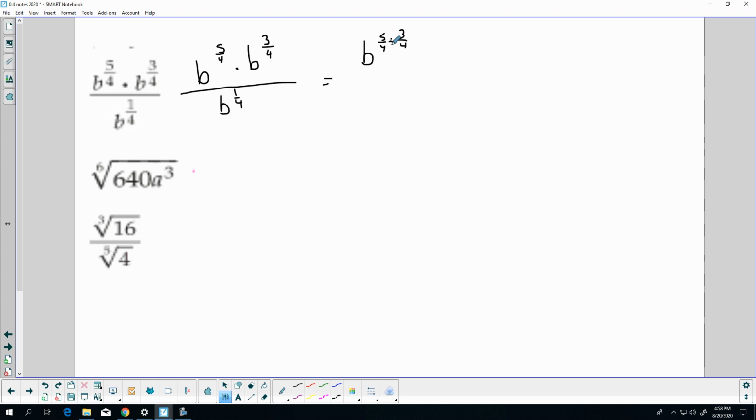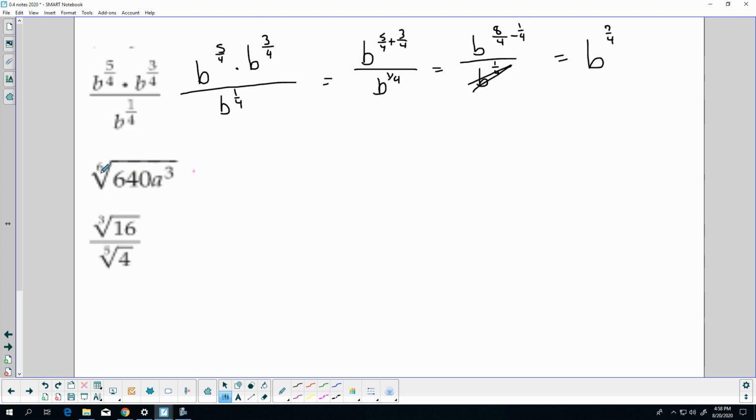Well, I'm multiplying, so I need to add my exponents. And that's going to give me B to the 8/4 over B to the 1/4. Well, that means division, and for division, I subtract my exponents. I'm going to have to subtract 1/4, and I'm going to get B to the 7/4.